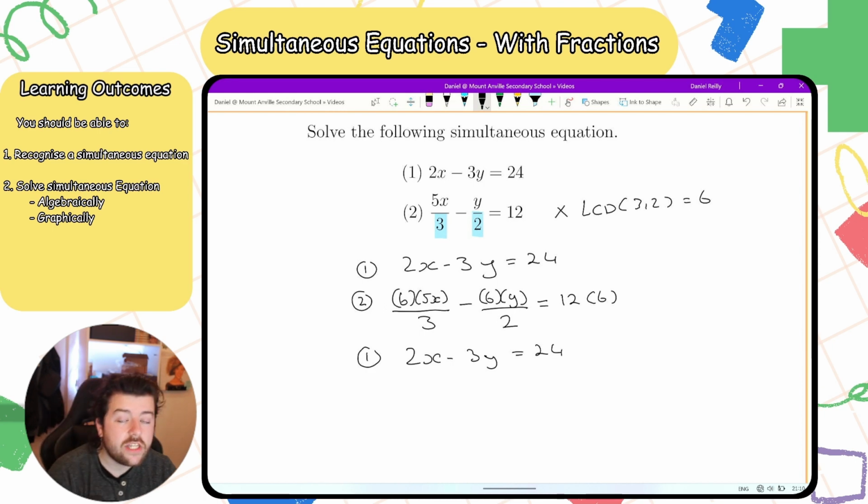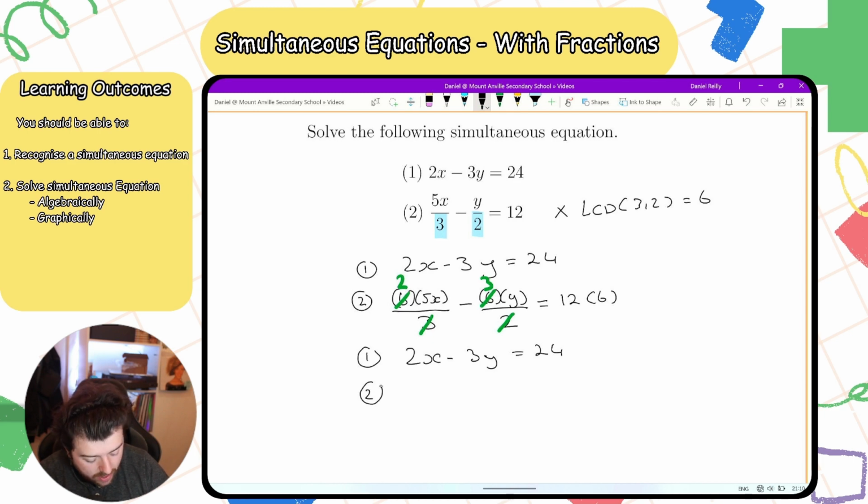Here, I can do two things. I can start dividing in right away. So, just from simplifying fractions, 3 goes into 6 2 times, 2 goes into 6 3 times. So we could do it like that, or you could do 6 times 5x is 30x and then divide all that by 3, whatever floats your boat.